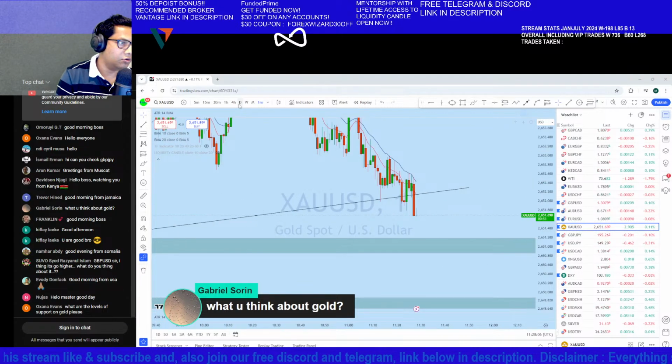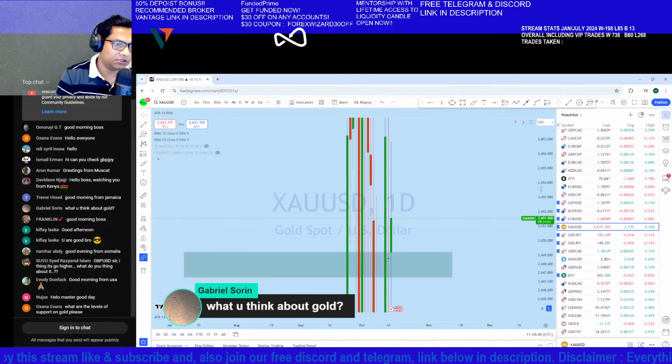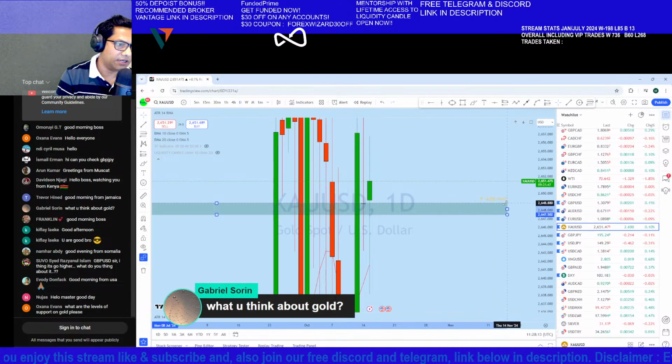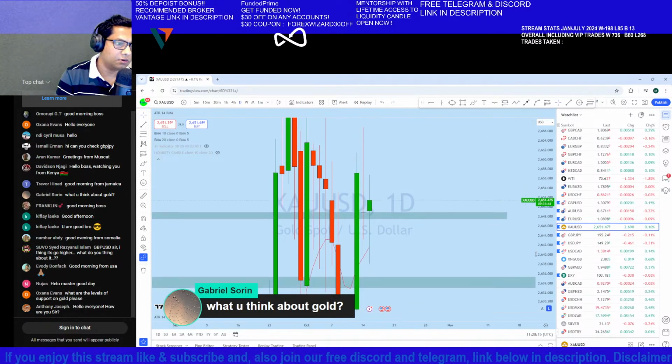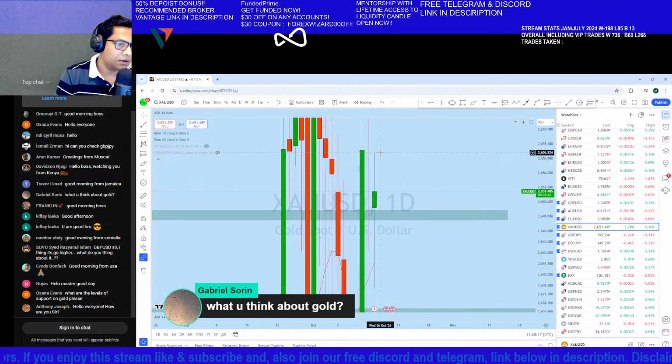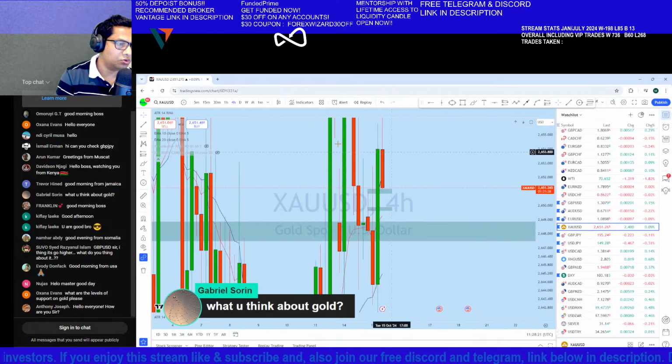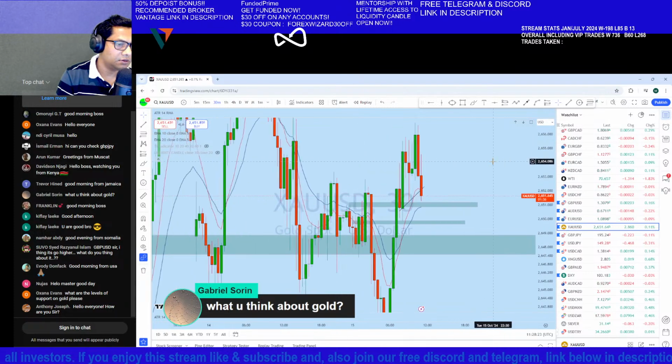I think if we look at the daily support, the market is dropping to it, and we might see a retest of this daily support, and after that we can expect the market to return.